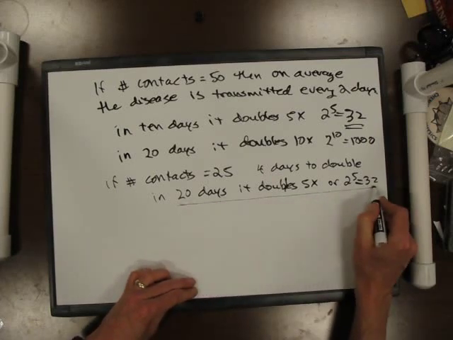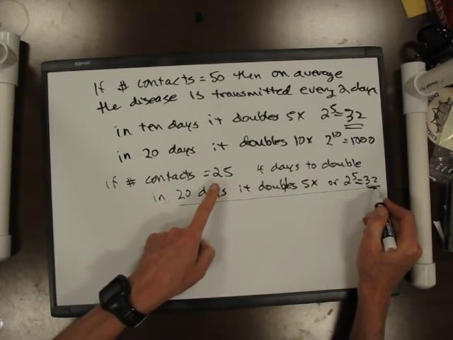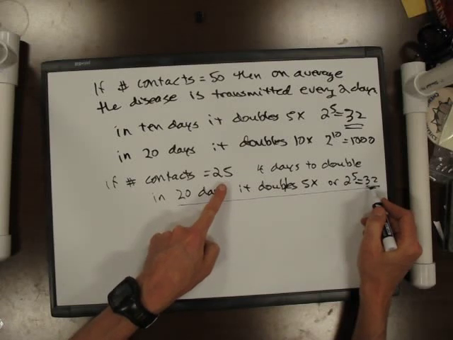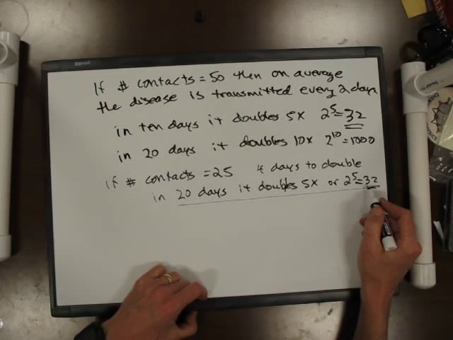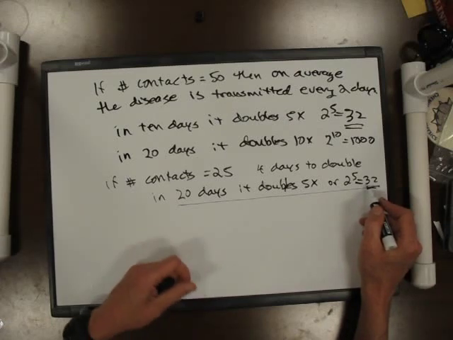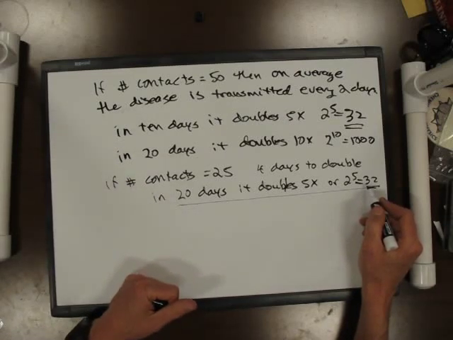In 20 days, I have 32 cases if my number of contacts is 25 per day, I have 1,000,000 if it's 100 per day. And so you see a dramatic difference you get by self-quarantining.